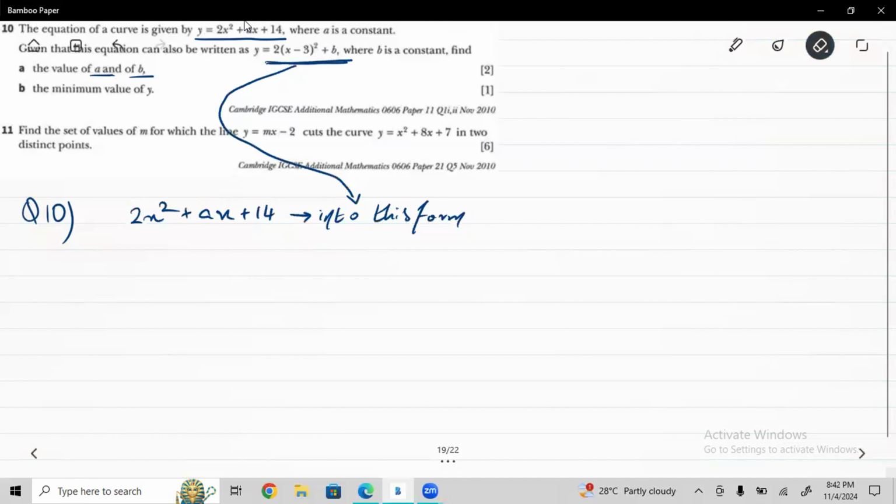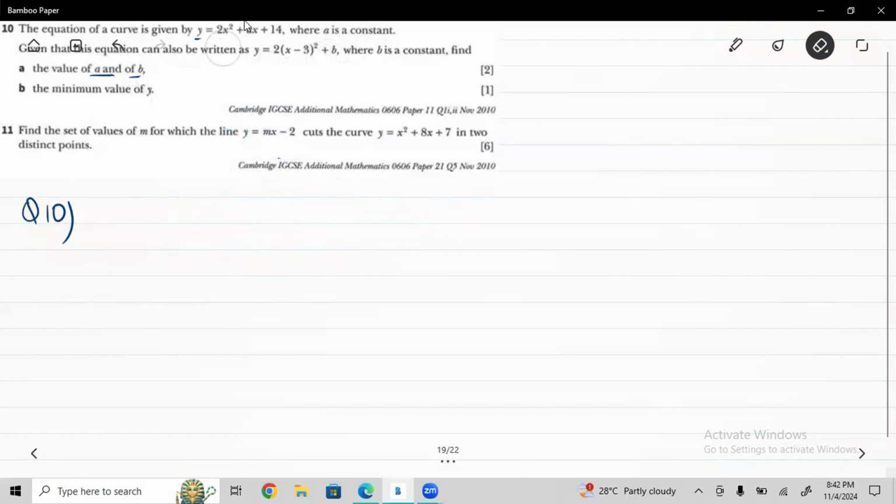For now, what I'm going to do is convert the first equation into the second equation. So for that, let me write down 2x squared plus ax plus 14. I'm going to use the squaring method to take this into the other form.